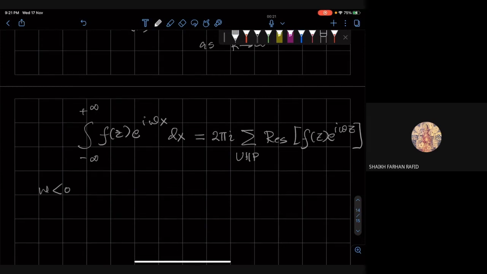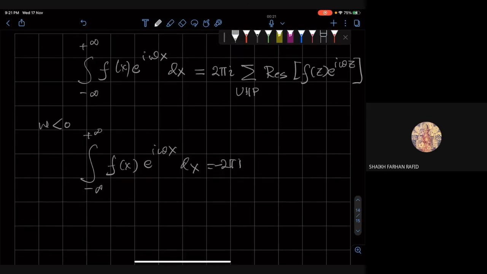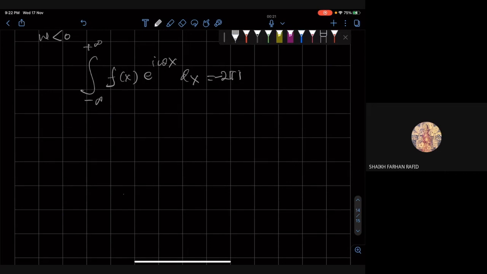If omega is less than 0, then Jordan's lemma tells me that the integral of f of x e to the power i omega x dx, sorry, this should be x, is going to be 2 pi i, there's a minus sign. And the minus sign comes from the fact that you have to change the orientation of the contour, because when we do Cauchy's integral theorem, the contour integral is taken in the counterclockwise direction.